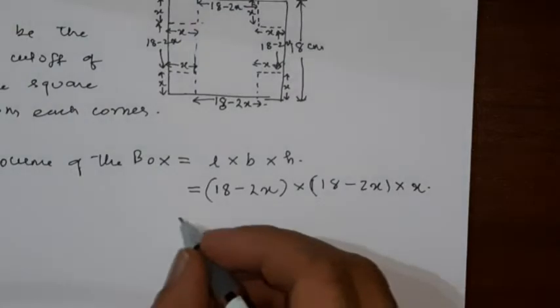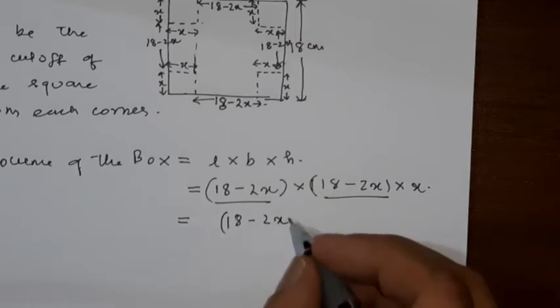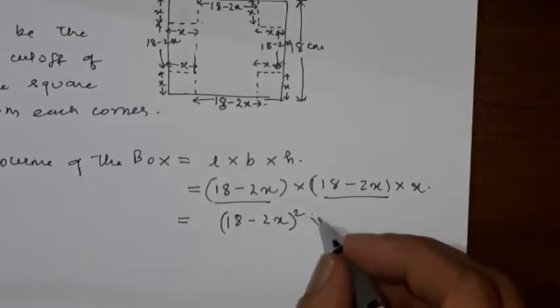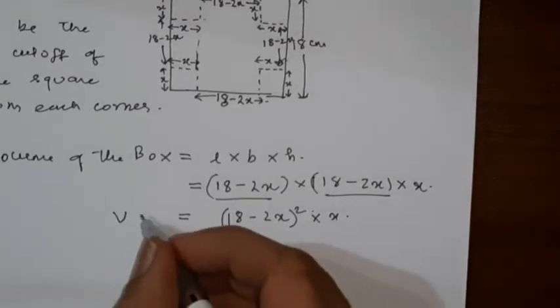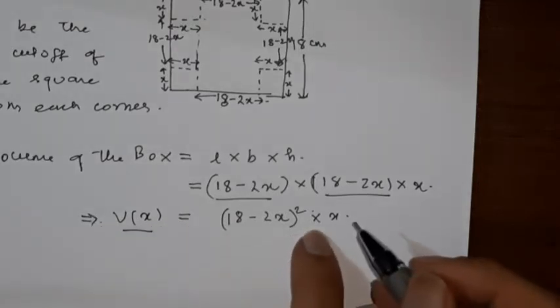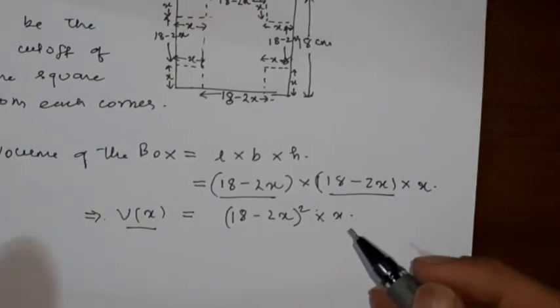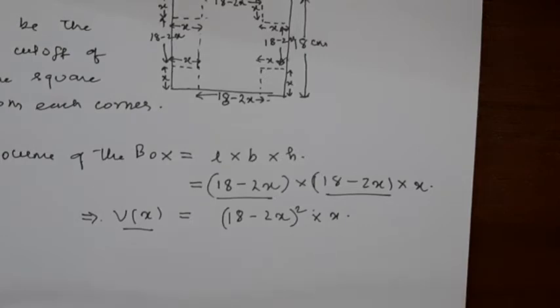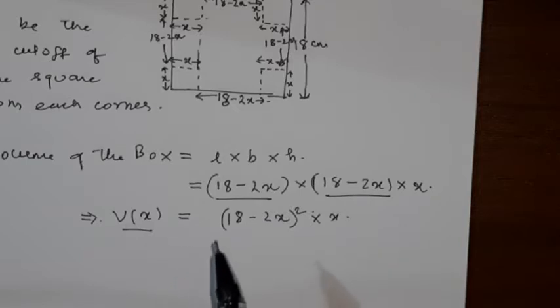If we multiply these two, we get 18 minus 2x the whole square, then x here. The volume of the box we can denote as V of x, because this function is a function of x. So we have got a function which we now have to maximize, or find its maximum volume.